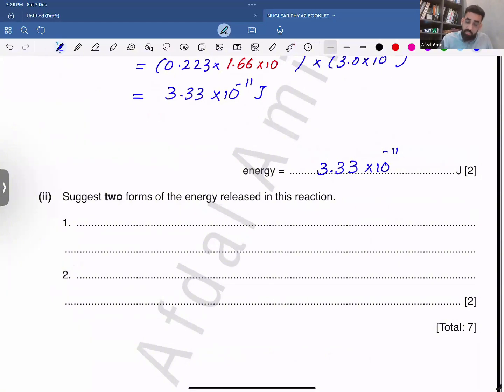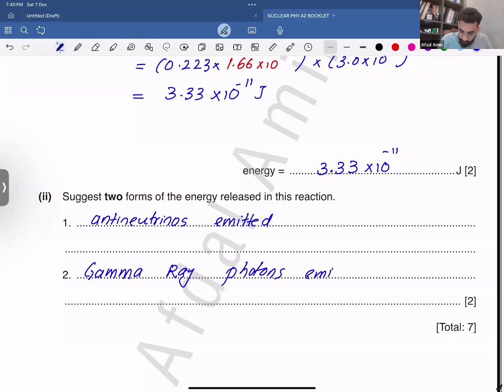So whenever beta negative is emitted, there are antineutrinos, gamma ray photons emitted, and there is kinetic energy of products.